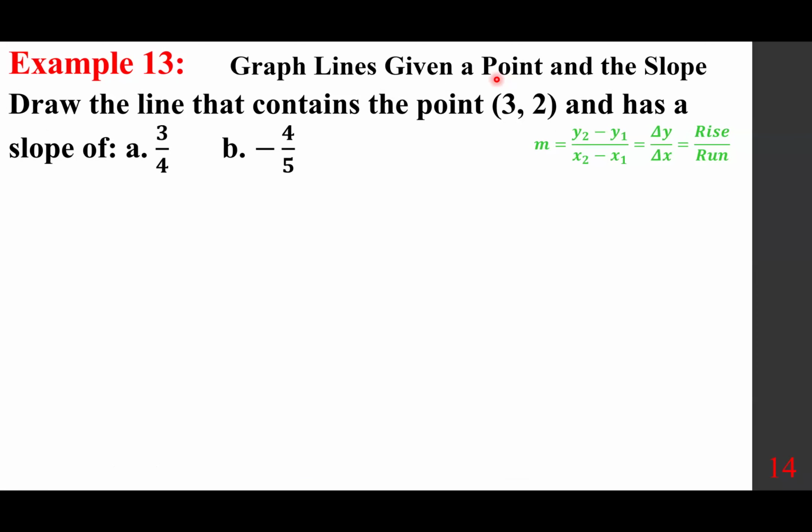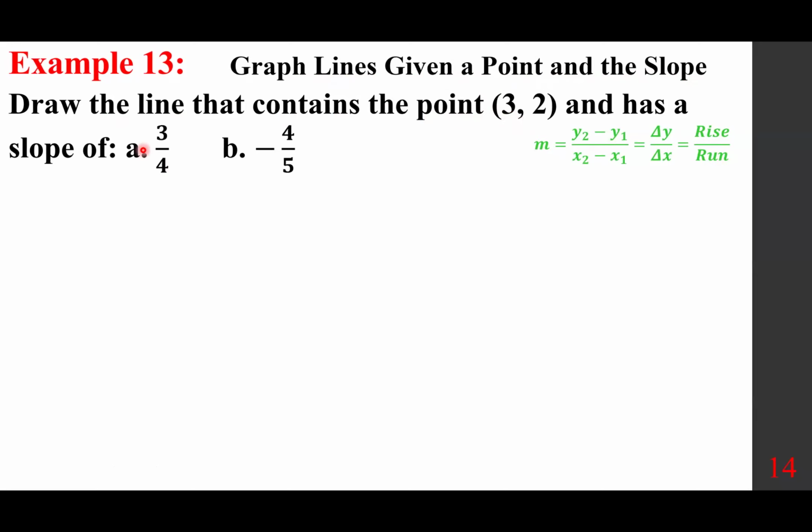We're going to graph lines given a point and a slope. You can always make up 2 points and graph it. I want you to know that. But how does that work? Draw a line that contains this point (3, 2) and has a slope of 3/4. Remember the meaning of a slope, rise over run.